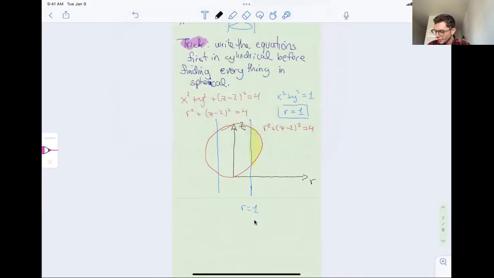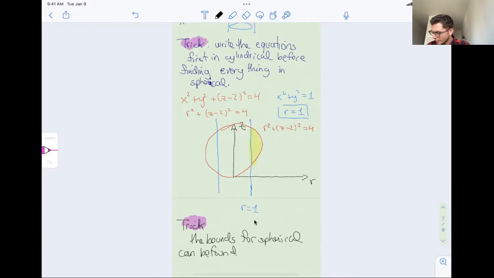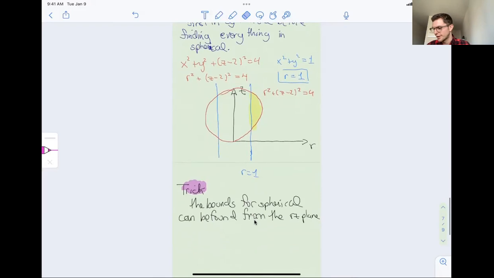The continuation of the trick is that the bounds for spherical can be found from the rz plane by drawing radial arrows, because remember, the spherical arrows are radial.